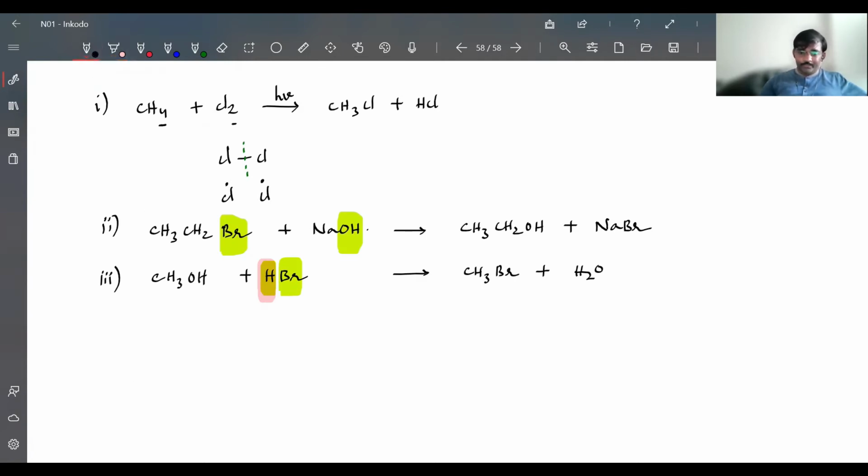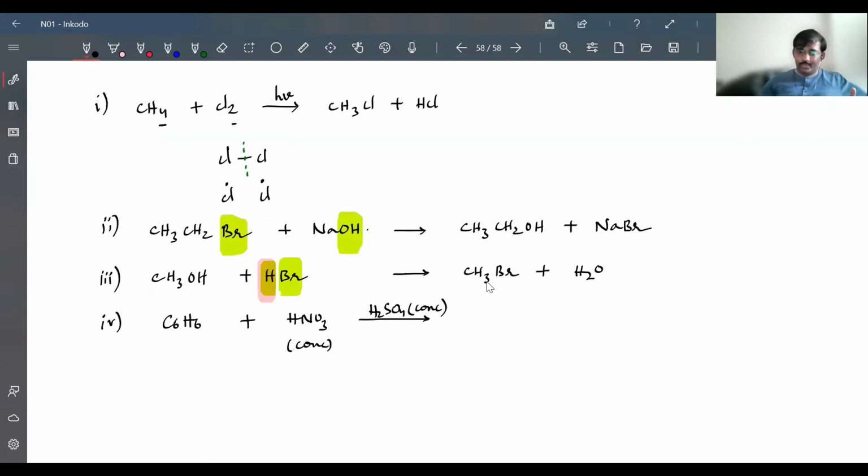Similarly, suppose I have benzene reacting with concentrated nitric acid and concentrated sulfuric acid, H2SO4. Both have to be taken as a mixture, and that mixture of concentrated sulfuric acid and concentrated nitric acid we call the nitration mixture.